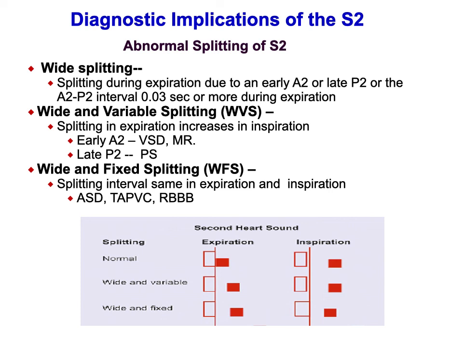So atrial septal defect and its physiological analogous, like total anomalous pulmonary venous connection, lead to wide and fixed second heart sound, as well as right bundle branch block. Whereas wide and variable splitting may be due to early A2 or late P2. Late P2 occurs in pulmonary stenosis, as you know, and early A2 occurs in VSD and MR. They lead to wide and variable splitting.